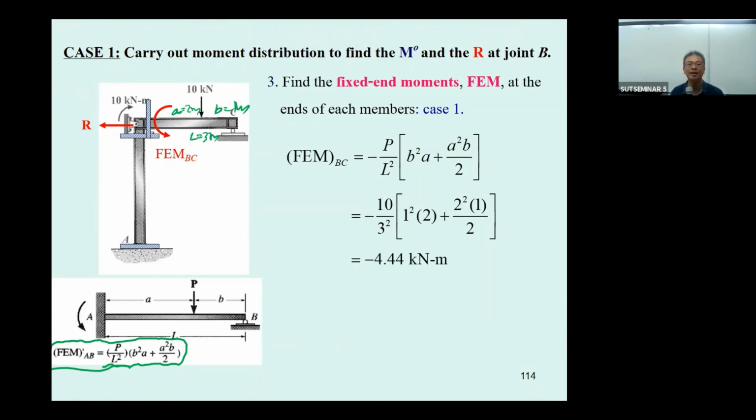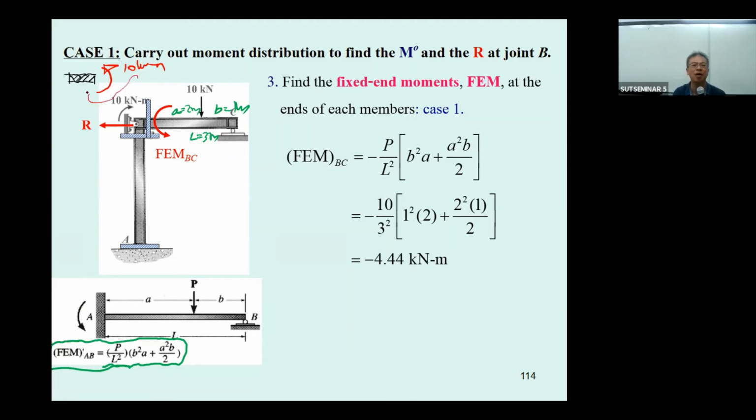How about the 10 kilonewton meter? You go back to what you had before. You just assume another member, just an imaginary member, and this 10 kilonewton meter is going to act by Newton's third law counterclockwise.